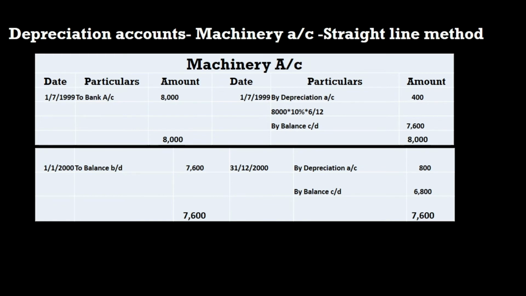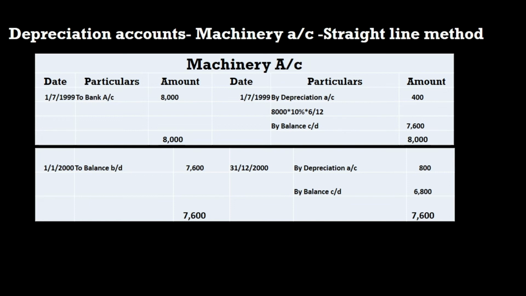So you have to subtract 800 from 7,600. I already explained, you have to see the question, the original value, and take it for all the years, correct? That is why 8,000 into 10 percent, not 7,600 into 10 percent, which would be the written down value method. This is the straight line method.